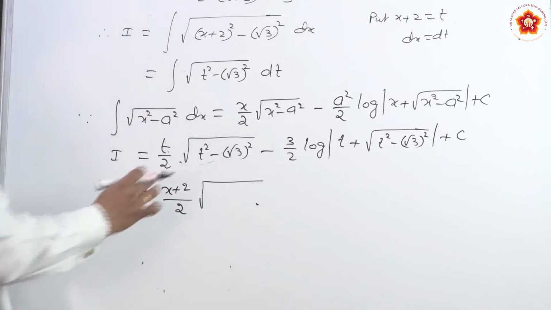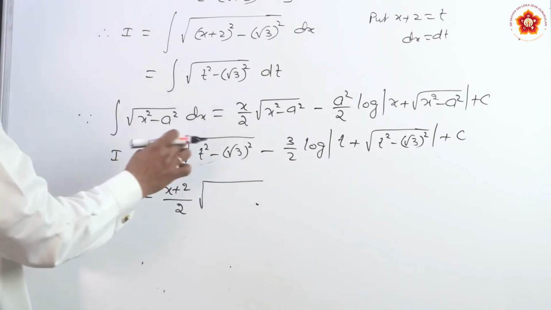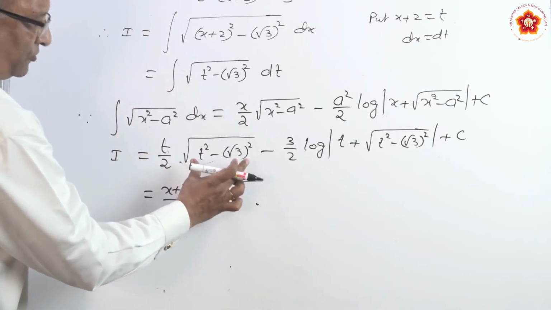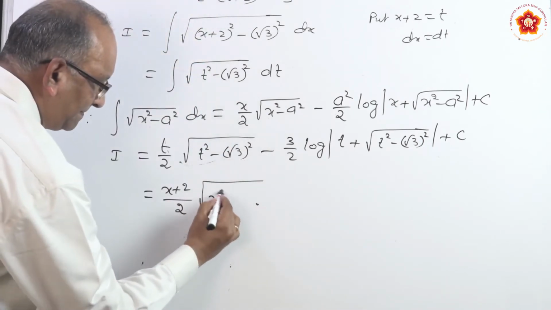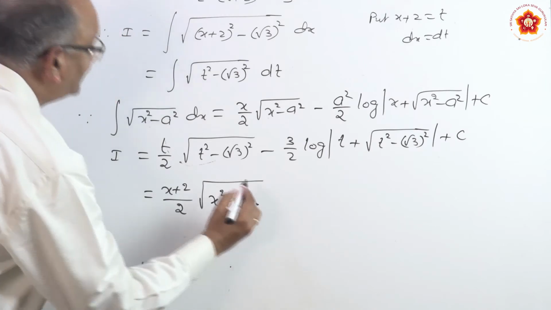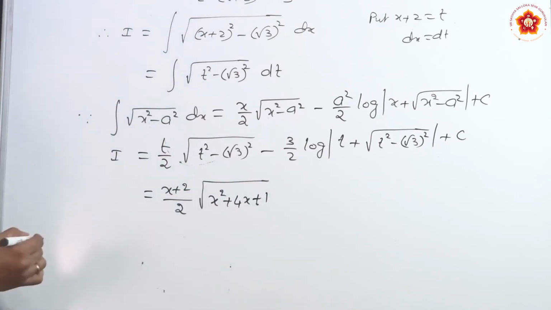T, if you substitute, you are going to get under root of x plus 2 square and then minus 3, which will be nothing but the original function, that is x square plus 4x plus 1. You can check if you want.